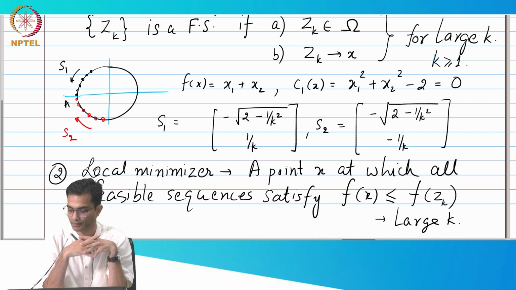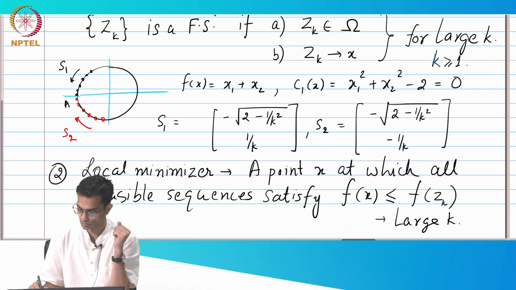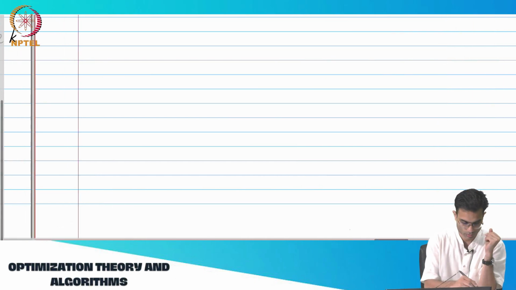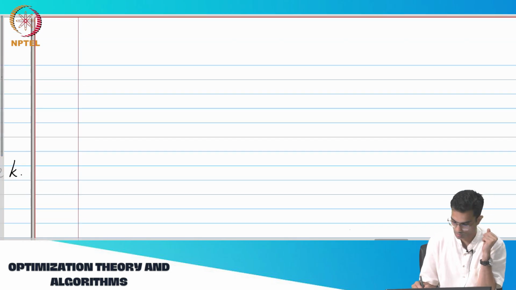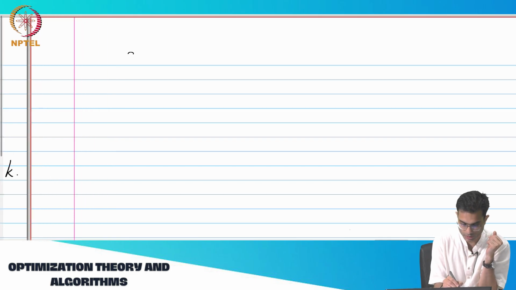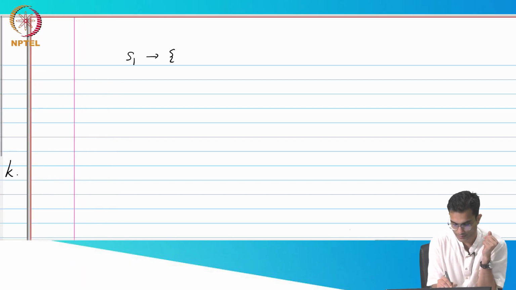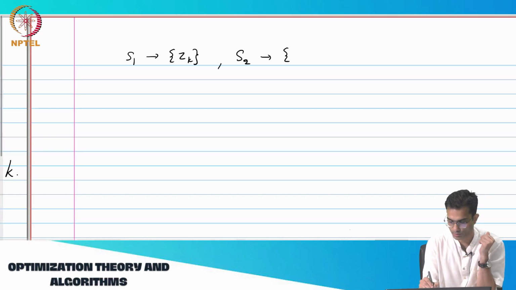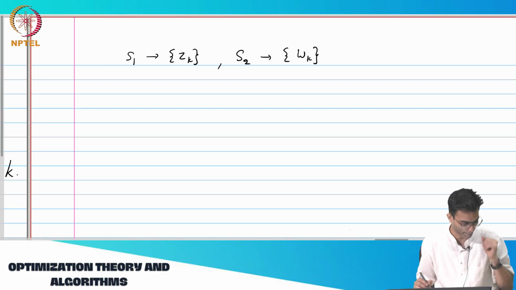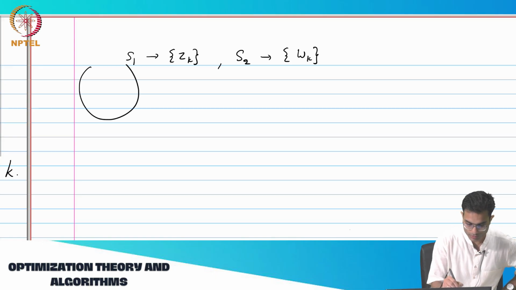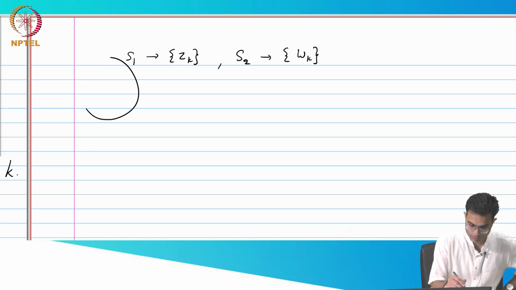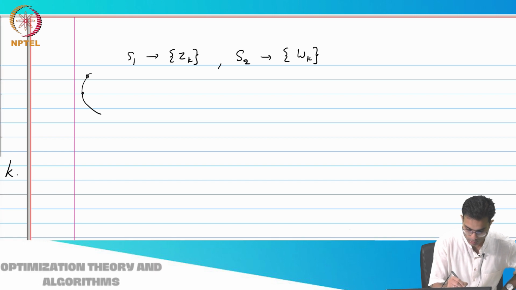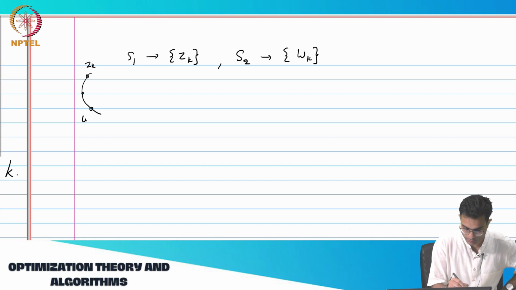So let's take sequence 1, S1. Everyone knows the figure. Sequence S1 has, let us say, points zk, and sequence S2 has points wk. So this is my zk, this is my wk, this is my point A over here.